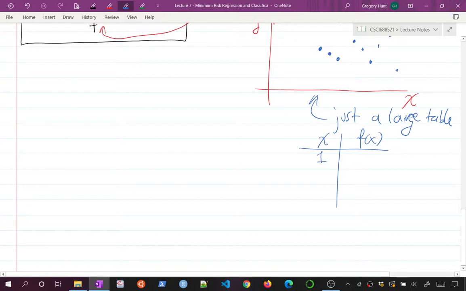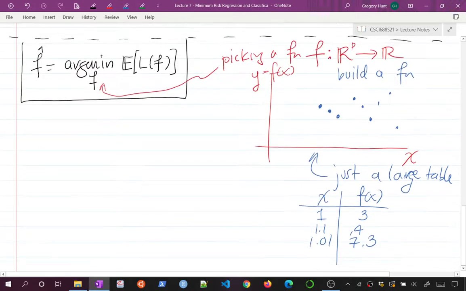So for x equal to 1, f of x is 3; for 1.1, it's 4; for 1.01, it's 7.3. I just have to go through all my x's, and I can literally choose whatever I want on this side. It's just a large table.